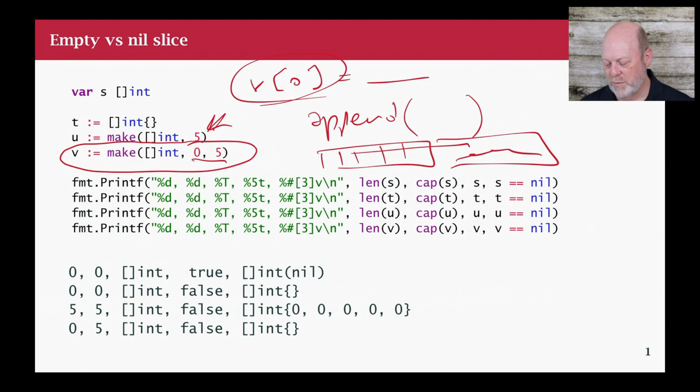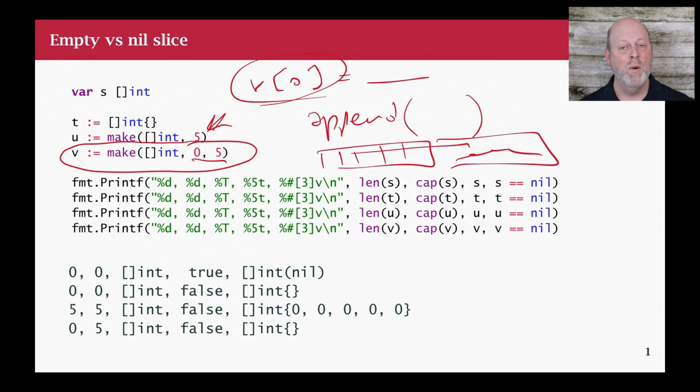If you want to reserve space for a slice, make sure you put the 0 in there. Don't just make it a slice of length 5 unless you mean for it to have 5 elements to start with. If you want to reserve space, make it length 0 and give it capacity that's non-zero. And then you can append to it knowing it's a slice of length 0, and your first append will put something into the first spot.